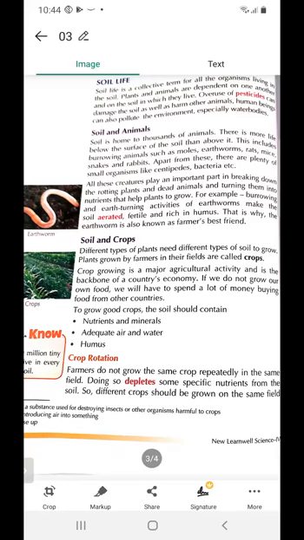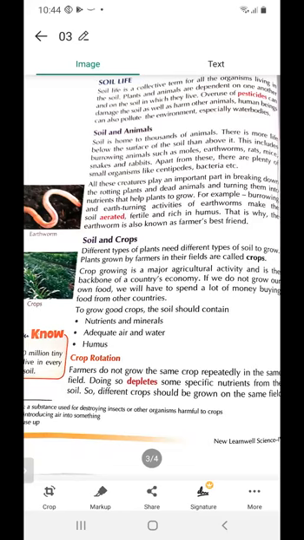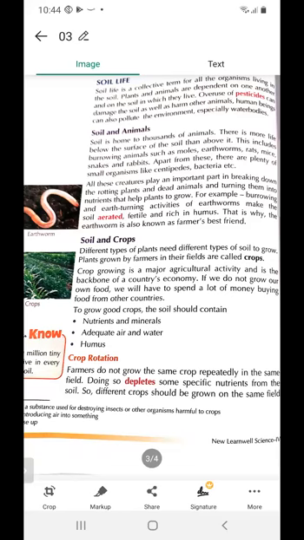Plants and animals are dependent on one another and on the soil in which they live. Overuse of pesticides can damage the crops as well as harm other animals. So how are plants and animals dependent on each other?